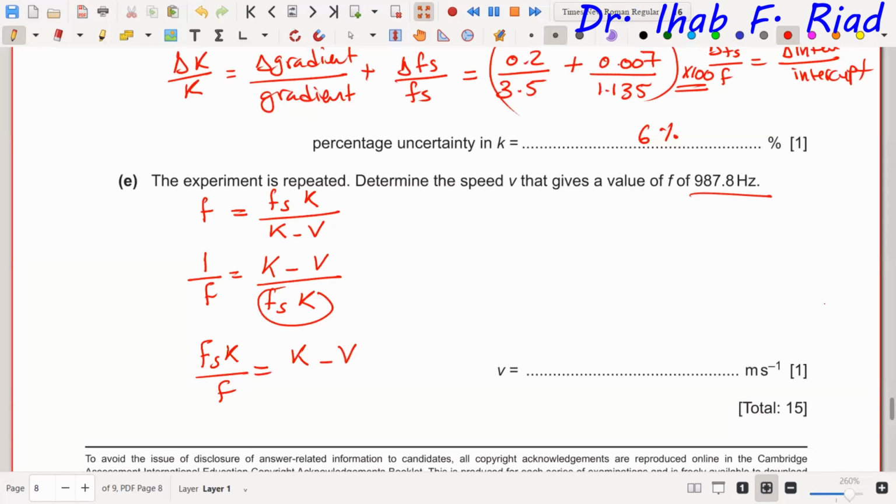Is this okay? Yes. Then we move V to the other side. Is it okay? Okay. Yes.